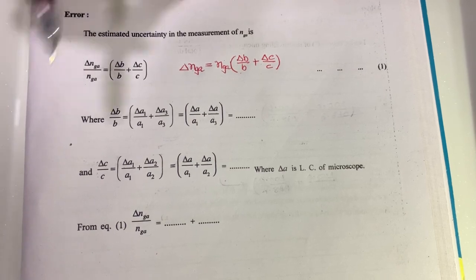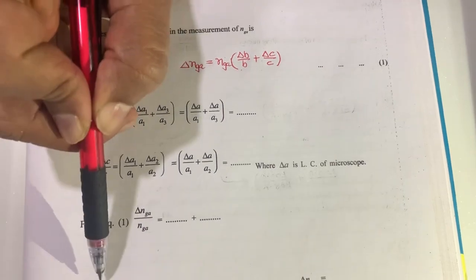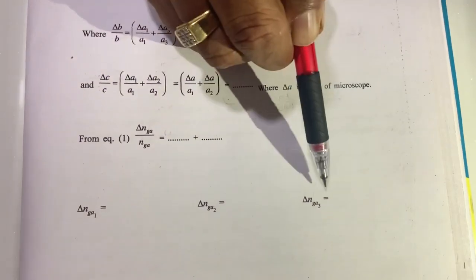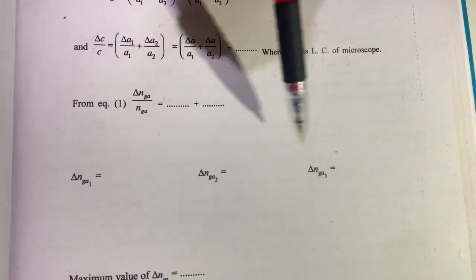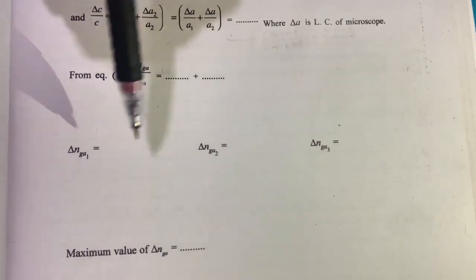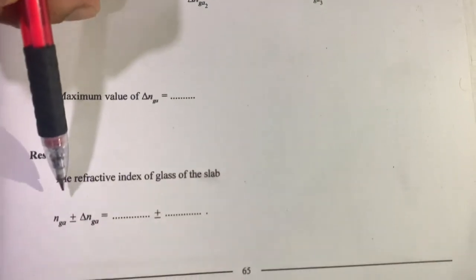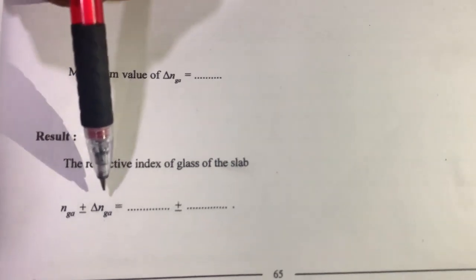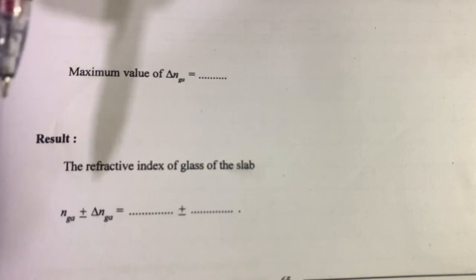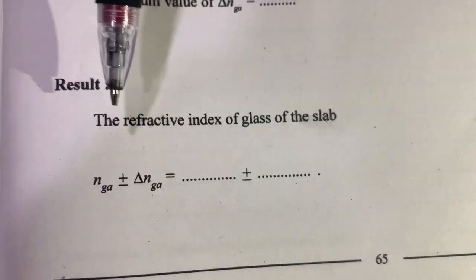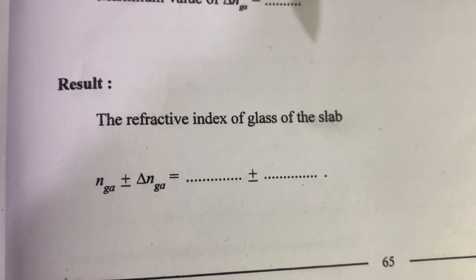Now for your 3 observations, calculate delta n glass 3 times, and then after take the maximum value of delta n glass and then represent your final result with that maximum possible error. That is your final result. Here n glass with respect to air is your mean value which we calculated previously.